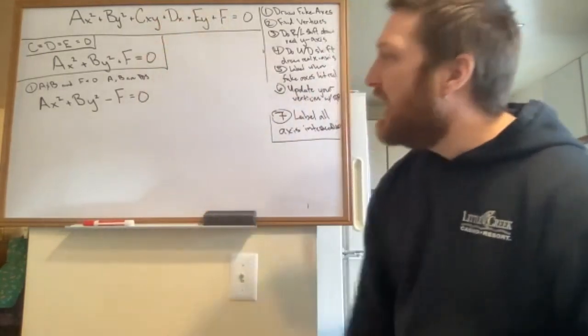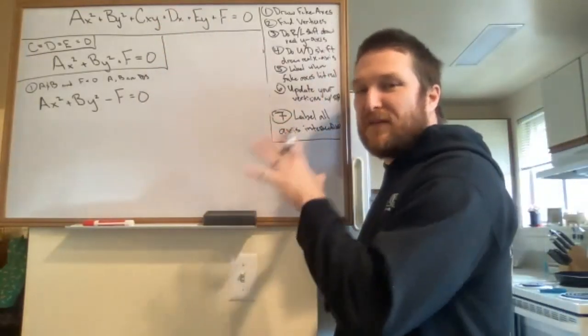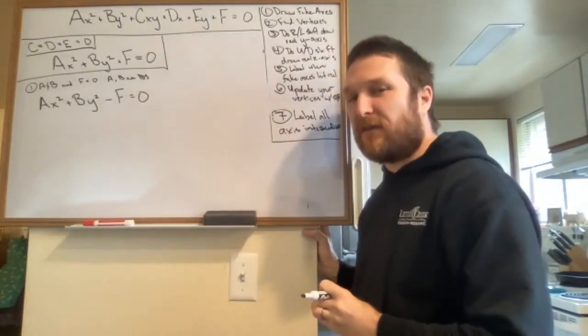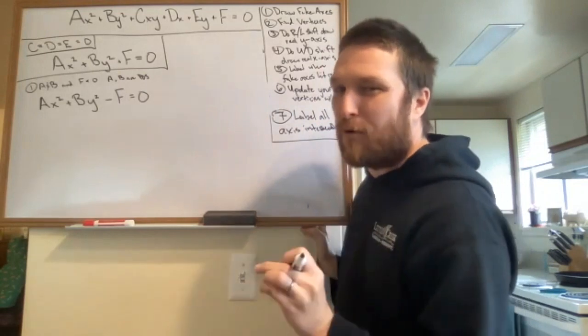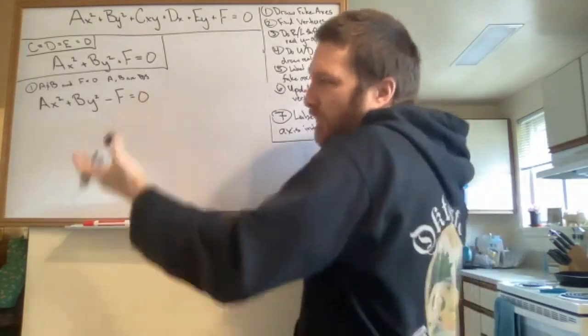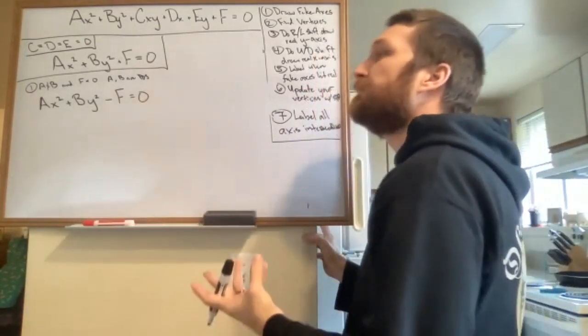Luckily for us, somebody already figured out what these things look like, and they've already figured out a really sweet form for us, right? The form that we want looks like this.